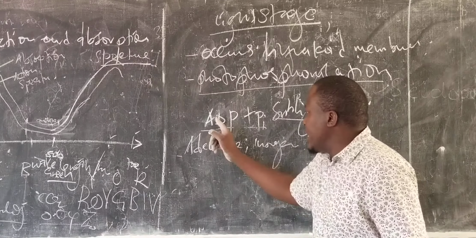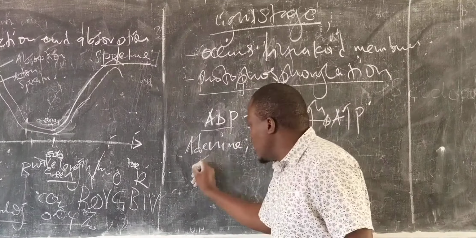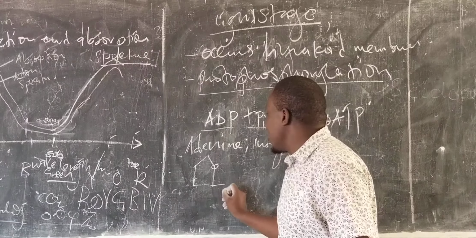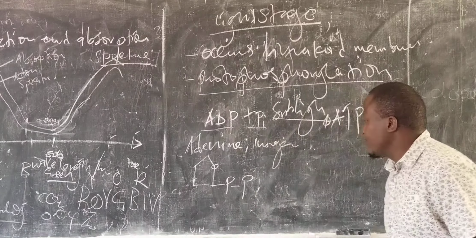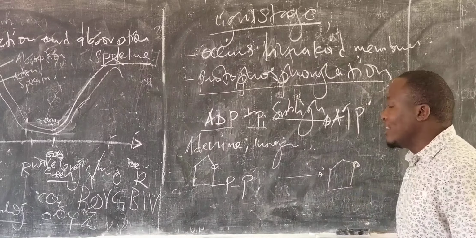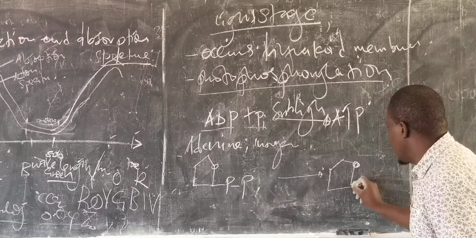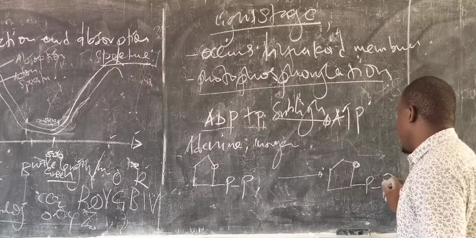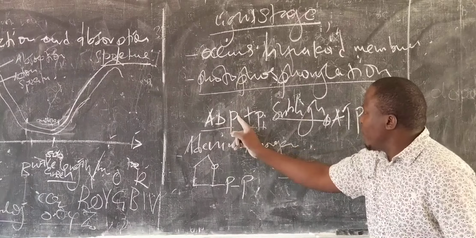So to say adenosine diphosphate, it means that compound has only 2 phosphate groups, forming adenosine together with the phosphate groups. That's why I said adenosine diphosphate.